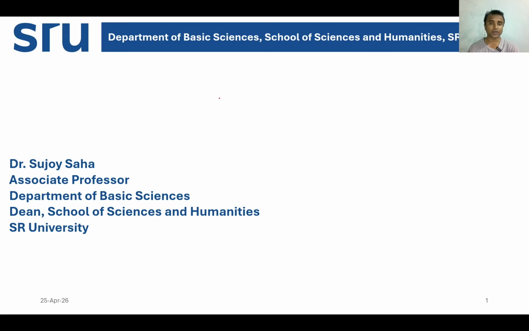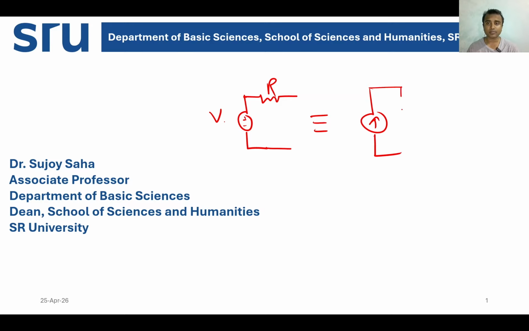Today we are going to learn about source transformation, second video, where we actually solve problems using source transformation. Previously we have shown you that if you have a voltage source V and a series resistance R, that can be equivalent to a current source and a parallel resistance R, and vice versa.